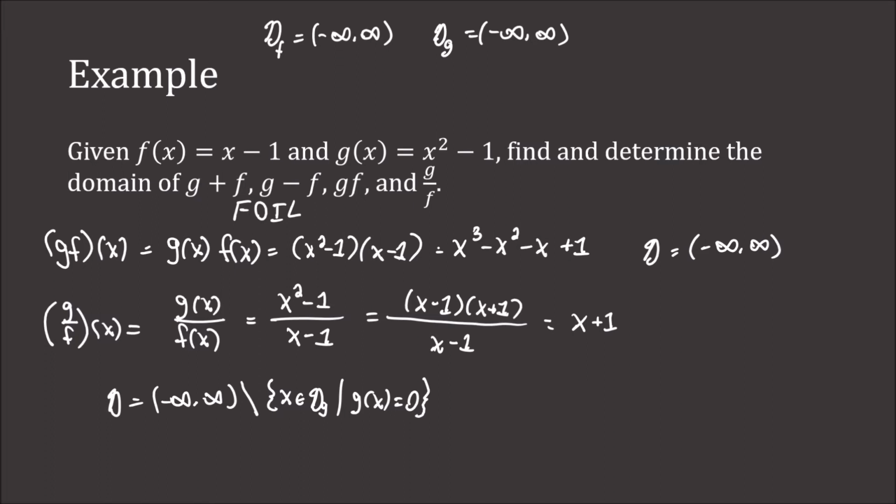Well, in this case, g of x is x minus 1. So where is x minus 1 0? At x equals 1. So we have to take x equals 1 out of all real numbers. So the domain becomes negative infinity to 1 unioned with 1 to infinity.